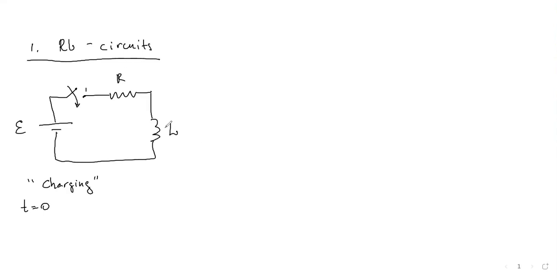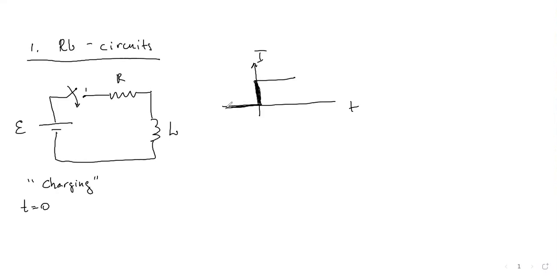Inductance will resist. Inductance is not going to allow you to jump for current. So if you're talking about current as a function of time, you cannot really jump from 0 to any finite value, because in this case the derivative over time will be too large.